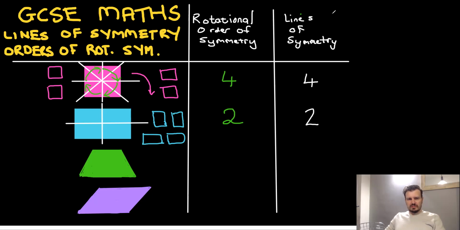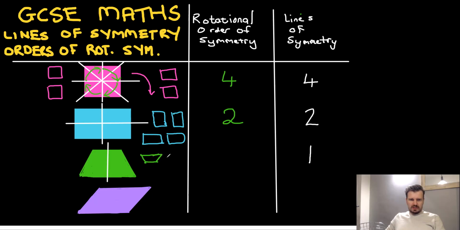Trapezium. Now there's an isosceles trapezium. The trapezium we've drawn here has just one line of symmetry. Let's see, if we rotate it once, it's going to be upside down.